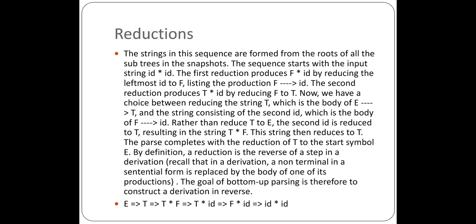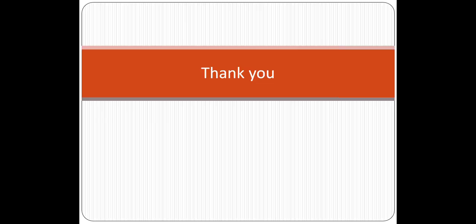If productions are applied or replaced in the wrong way, there will be errors and we wouldn't be able to reach the start symbol. So in this sequence of conversions, we have to apply the productions properly at appropriate places to reach the start symbol. That's very important in these reductions.